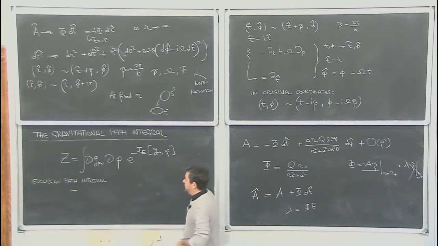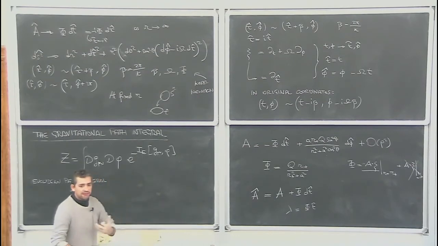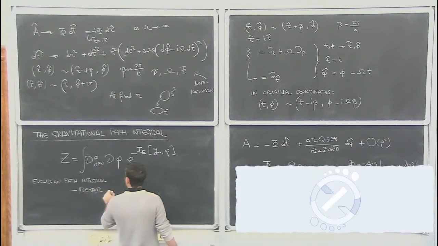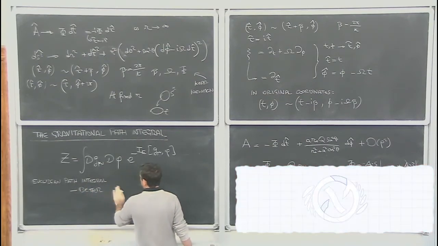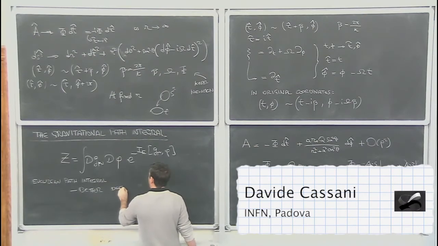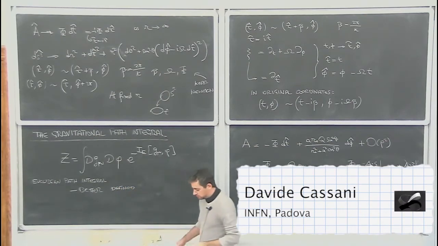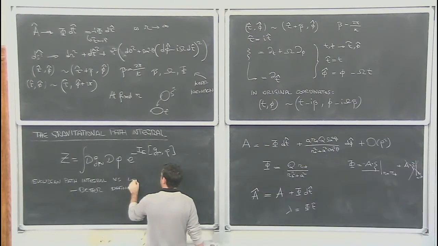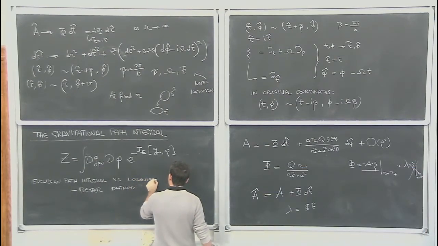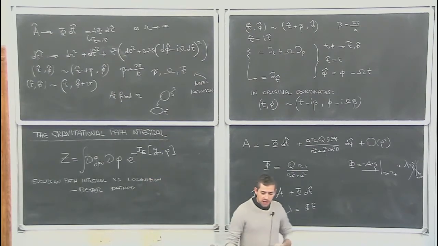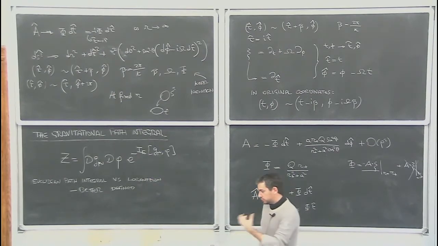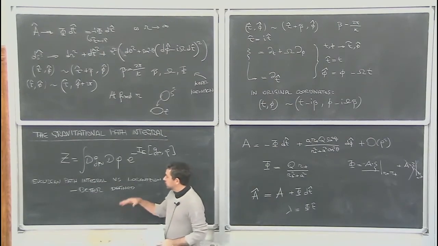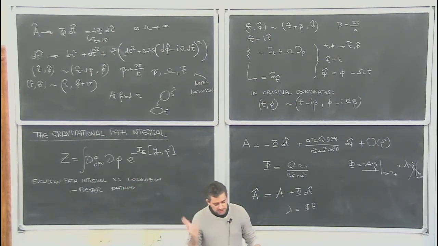So this, compared to the Lorentzian one, has better convergence properties and is slightly better defined mathematically. But there is a crucial motivation that, as far as I understand, was really one of the main motivations that led Hawking and Gibbons to introduce all this.